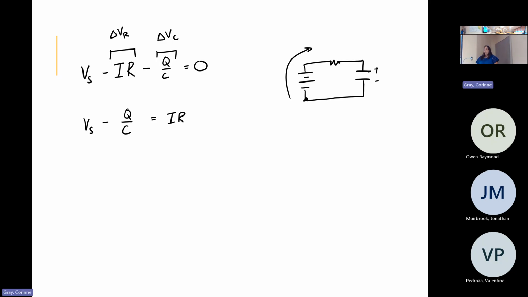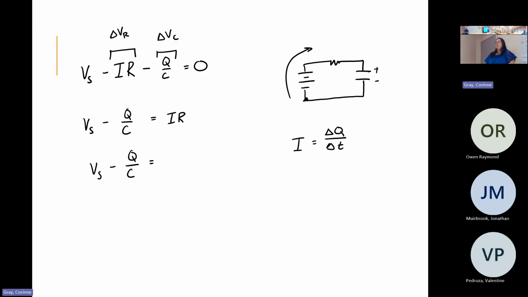If we think back all the way to the beginning of the semester, we said that current was equal to the amount of charge over time. So we could put that relationship in, but technically we want to look at smaller and smaller times.